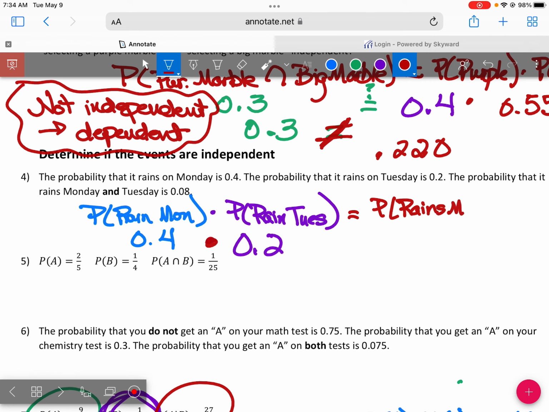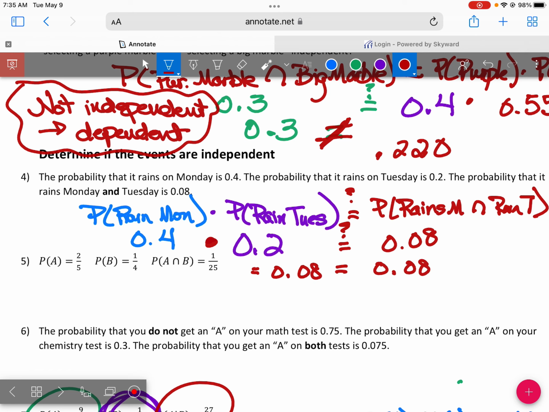Rains on Monday and rains on Tuesday is going to be equal to 0.08. So we're asking ourselves, is that equal? Well, 0.4 times 0.2 is equal to 0.08, and that is equal to the probability of raining Monday and Tuesday.